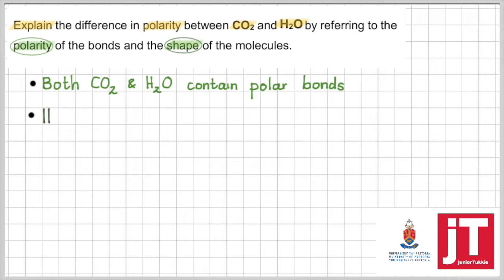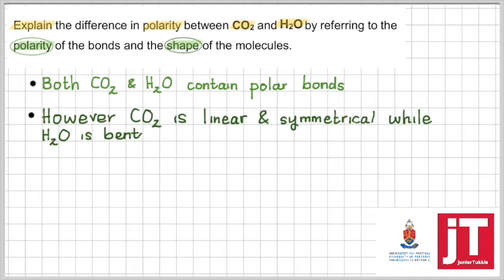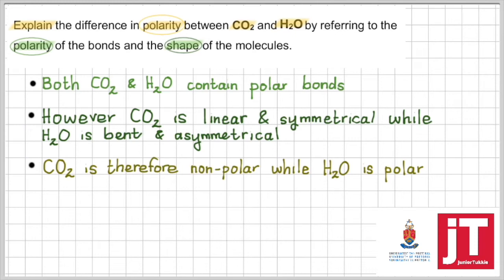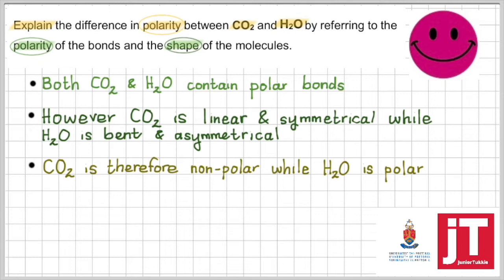So we now state that, even though both of them have polar bonds, carbon dioxide is linear and symmetrical, while water is bent and asymmetrical. This is the difference between the two molecules. And because of this, we therefore say carbon dioxide is non-polar, while H2O, the water molecule, is polar. Having written this down, we've completed the first problem.